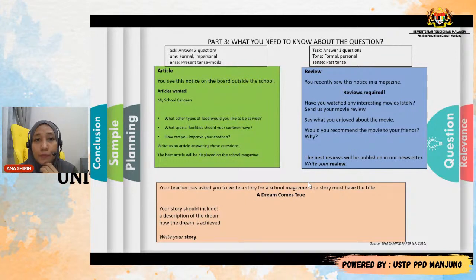But now we come to the second T, which is the tone. What kind of tone are you supposed to use for this one? Because you're writing this article and it will be displayed in the school magazine, your audience is larger than part 2 just now. So it becomes a formal tone and impersonal. So what do we have in a formal tone?